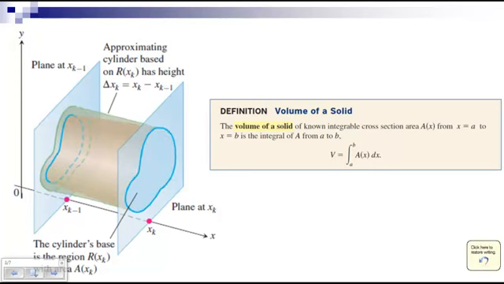So what we say is, if we knew what the area of this cross section was, why does it have x of k and then x of k minus 1? Wouldn't that just be 1? Oh, I know what the difference is.